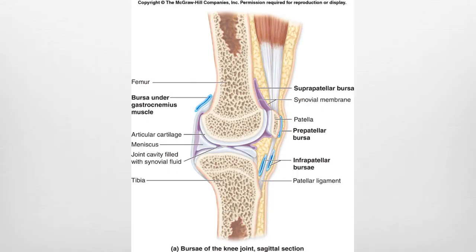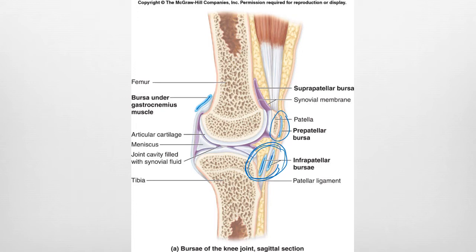So here we have a knee that has bursa within and around it. We have these infrapatellar bursa and a prepatellar bursa. Either one of them is often damaged when somebody falls. If they fall down on their knee, this infrapatellar one is potentially damaged. If they fall right on their patella, they may cause some inflammation of the prepatellar bursa itself.